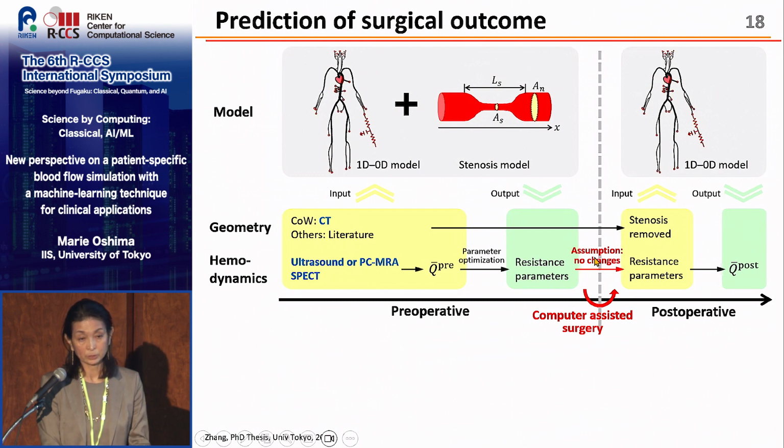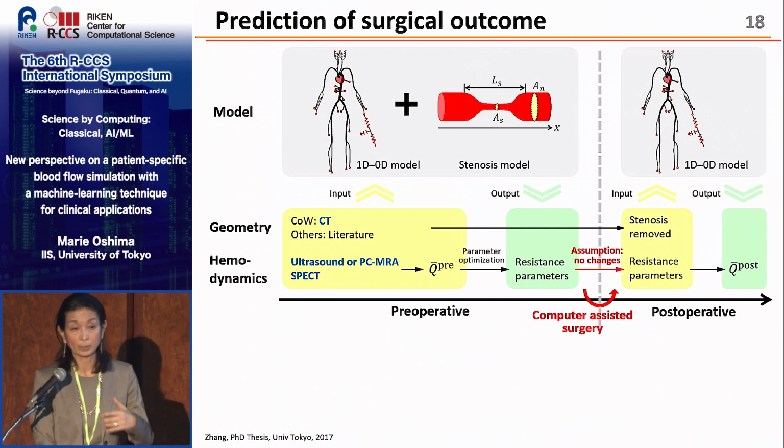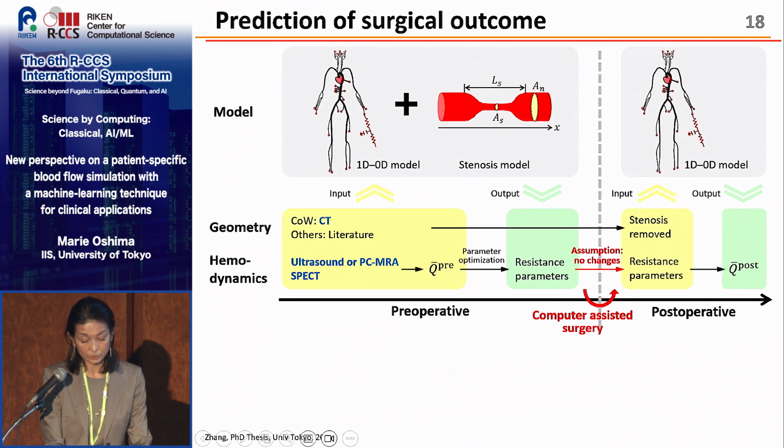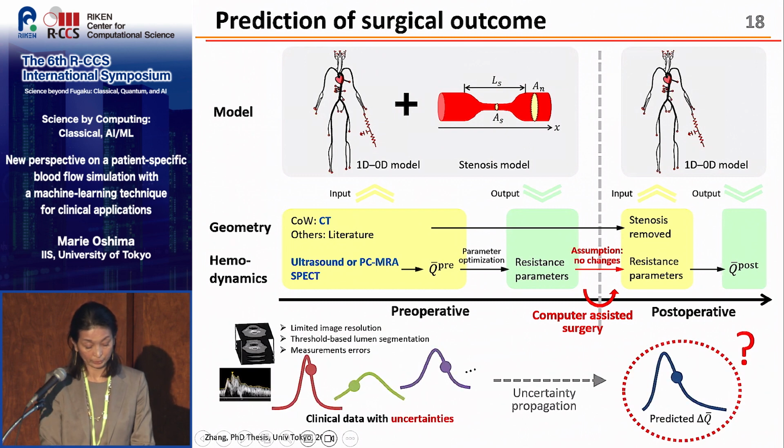We expand the stenosis area, so that we can virtually emulate the carotid artery stenting on the computer. As I mentioned, the risk of CHS can be predicted by the difference in the flow rates between before and after the surgery. So we compare the flow rates before and after the surgery.